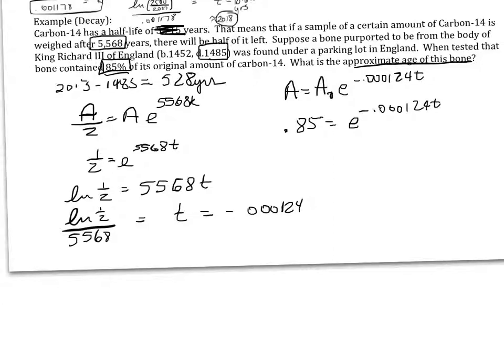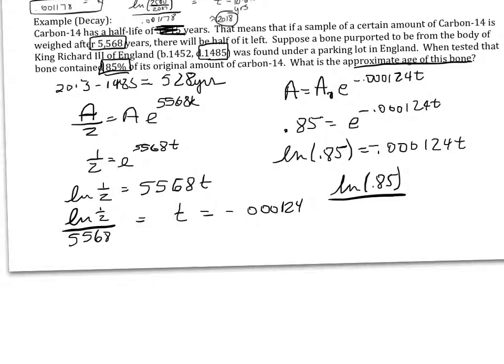And I just divided those A's out of there, is what I really did. Okay? So if we take the ln of both sides, we get ln of 0.85 equals negative 0.000124t. So the ln of 0.85 over negative 0.000124 equals our t.